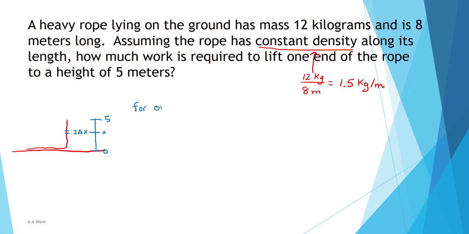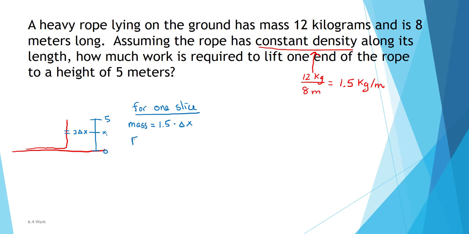Okay, so for one slice of the rope, the mass of the rope is 1.5 kilograms per meter times the length, which is delta x.